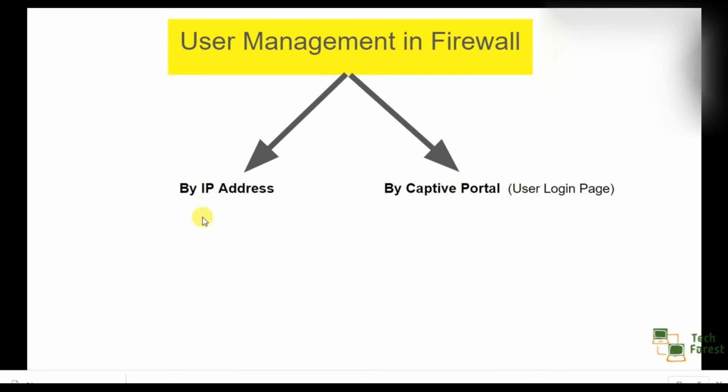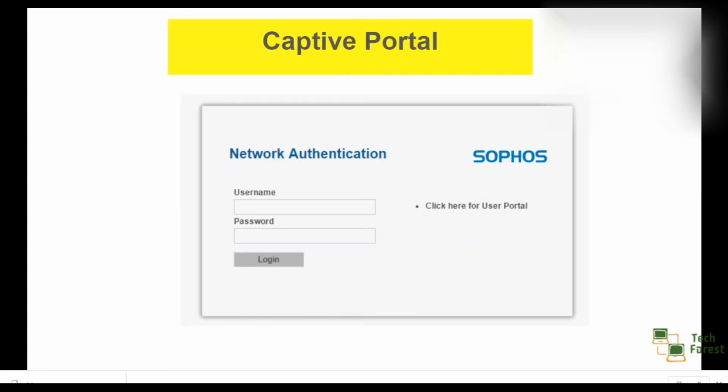We have not blocked right now, we are going to block, but we have specifically selected some IPs in this example. On the other hand, we can also manage users via captive portal. When a user comes to the office and requires internet, they have to log in on this page.